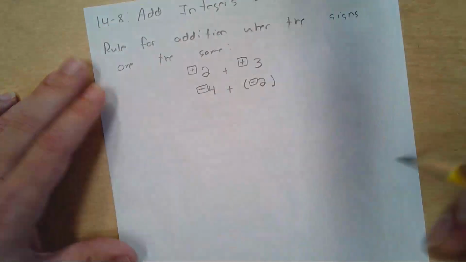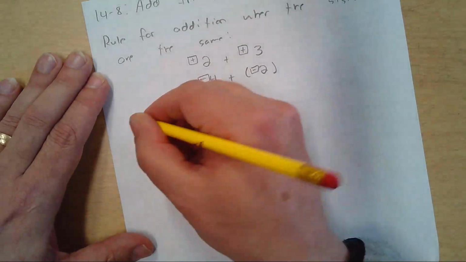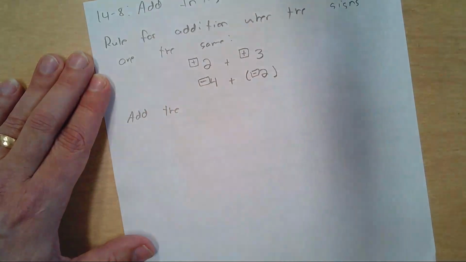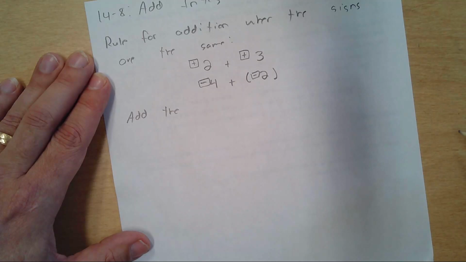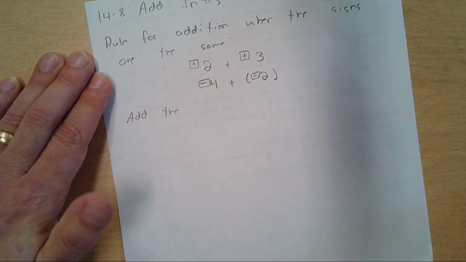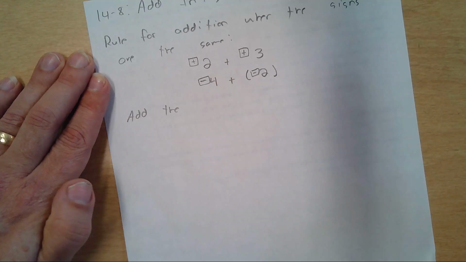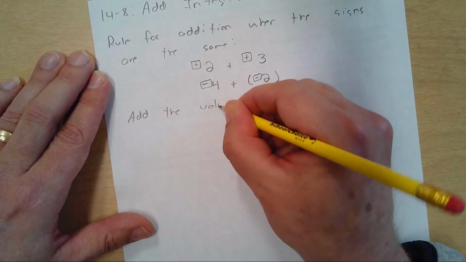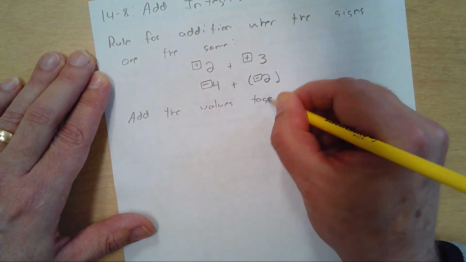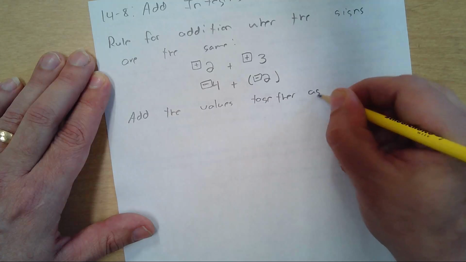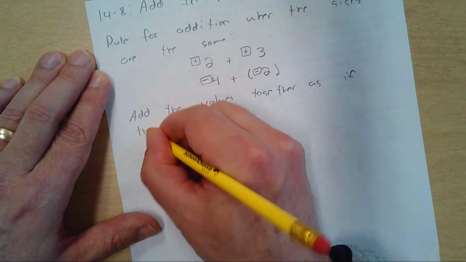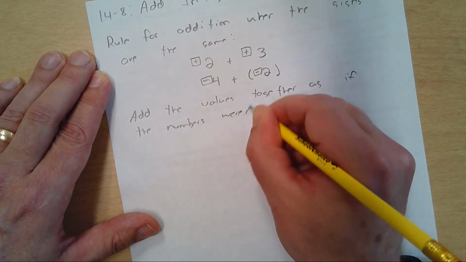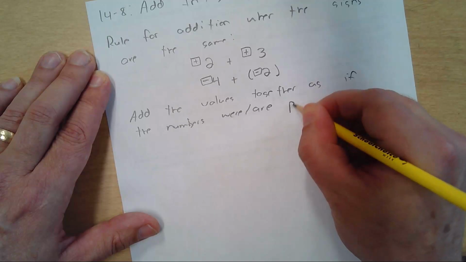So rule for addition when the signs are the same. Next year we're going to expand upon it. It's officially the absolute values, but we haven't really covered what absolute values are at this point. So I'm going to say add the values together as if the numbers were positive.